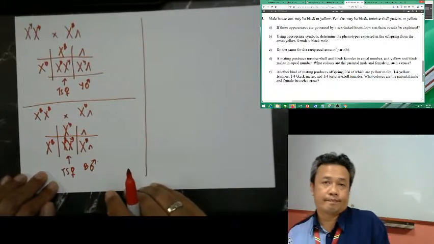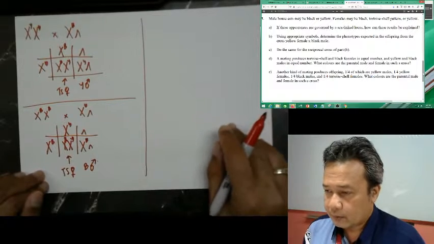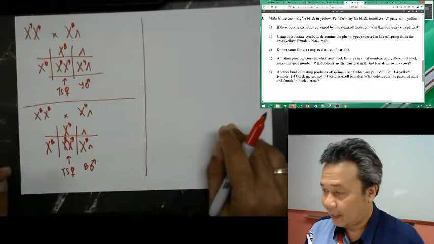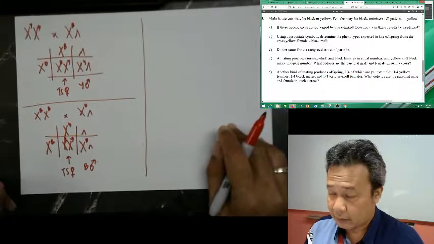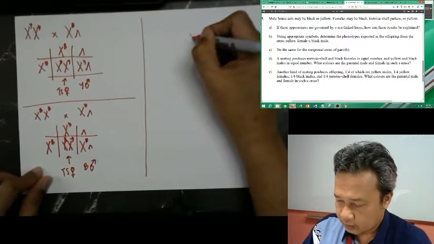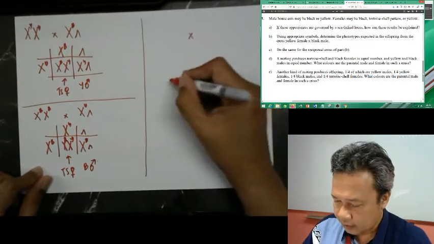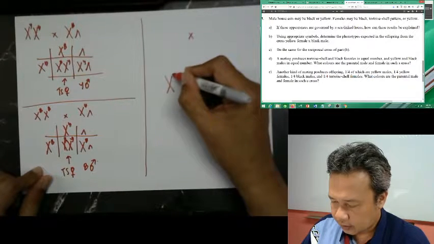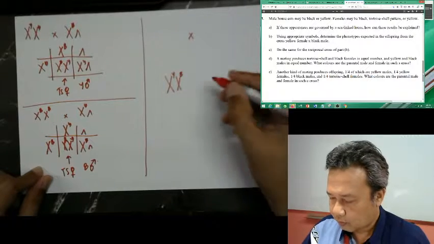Okay. Now D: a mating produces tortoiseshell and black females in equal number. So it says you want to do the cross, right? You get tortoiseshells and also black females.